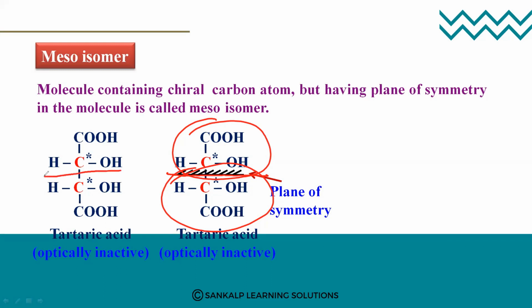So if I put a plane of symmetry here, the half of the molecule will be equal to the other half. So this is the chiral carbon, and this is a meso isomer. Both are optically inactive.